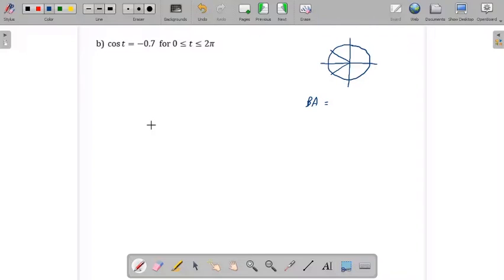So what we do then, in this case, is to do the arc cos, it's called arc cos or inverse cos function of 0.7. Now don't put in negative, okay? Whenever you're working out your basic angle, you just ignore the negative and you just look at the number itself, okay? Because it's just the first quadrant solution we're after.